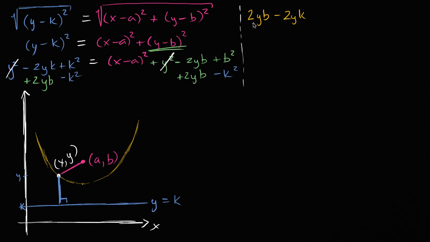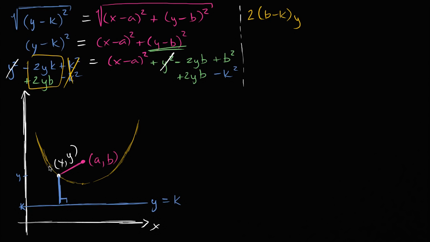You can factor out a 2y, and it's going to be 2y times b minus k. So we could write this as 2 times b minus k times y, if you factor out a 2 and a y. So that's the left-hand side.